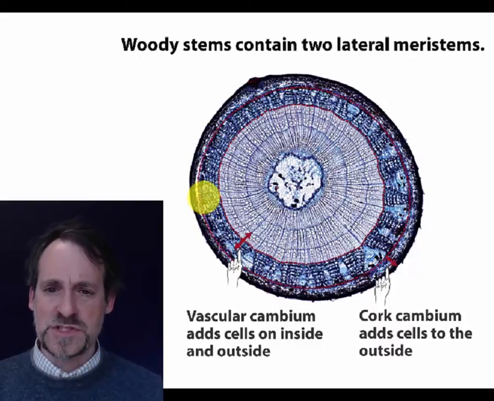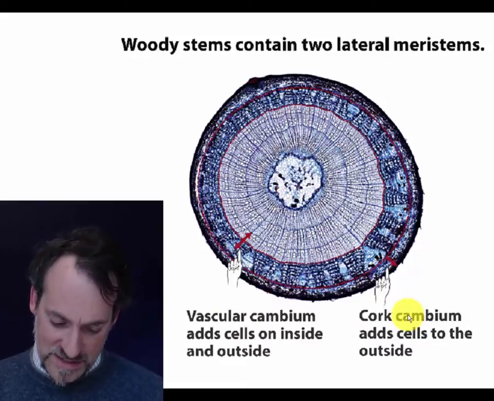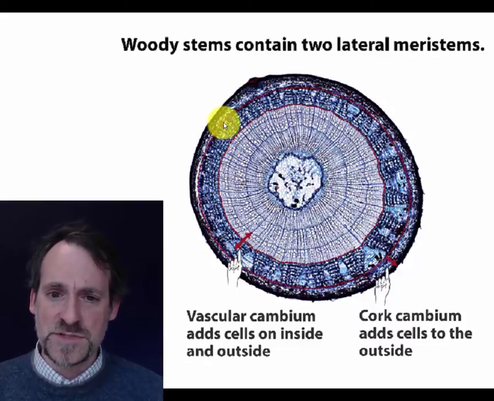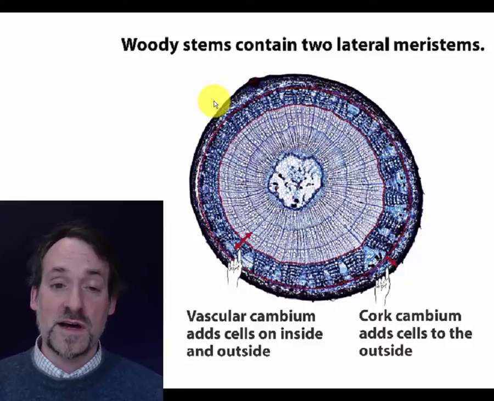In woody stems, there are two lateral meristems, called the vascular cambium and the cork cambium. And these are a little odd. What you're looking at is a cross-section through a woody stem. And each one of these cambiums is a thin cylindrical layer of cells running the length of that stem.